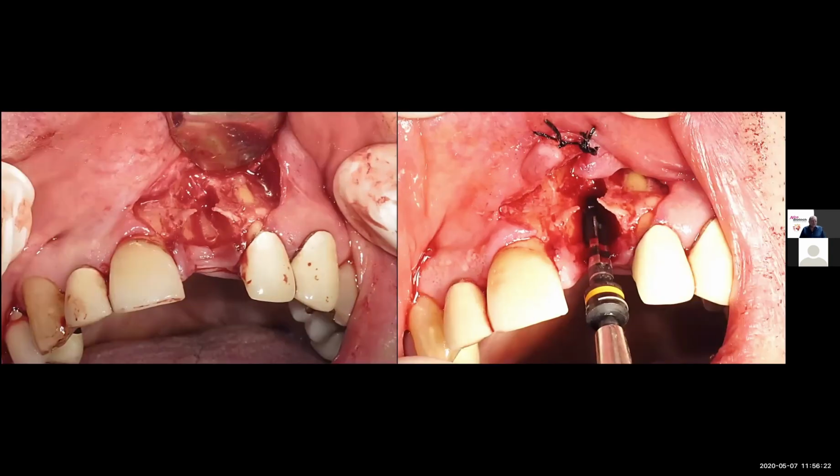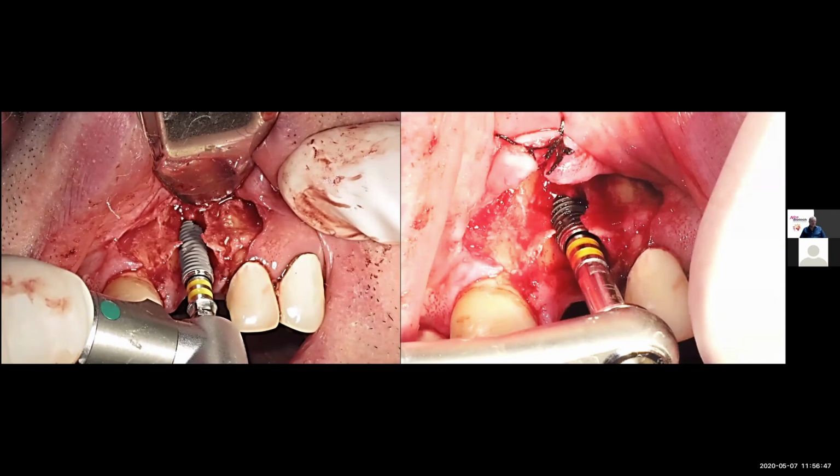This is an interesting case because it shows that there is absence of that labial plate of bone. Now you can still place the implant, but the implant has to be within the confines of the cancellous compartment. If the implant is wide and comes out of that cortical bone, then that's going to be a failure. So the implant site is prepared.